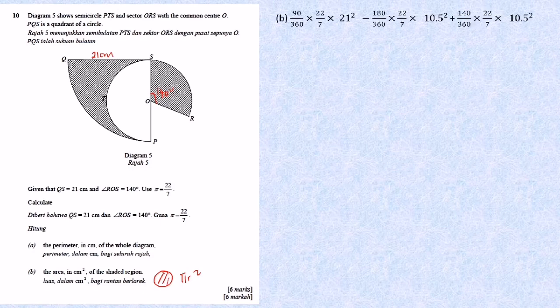So for the quadrant it is 90 over 360 times pi times 21 square, minus the semicircle, 180 over 360 times pi times 10.5 square, plus this sector OSR, 140 over 360 times pi times 10.5 square, which equals 308 centimeter square.